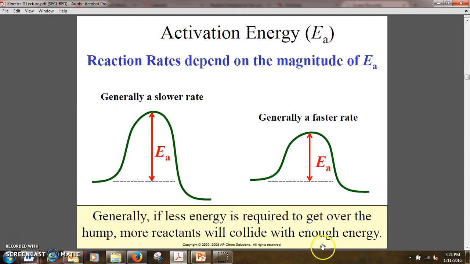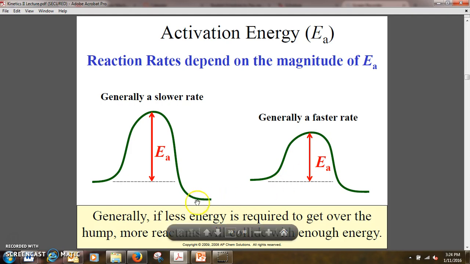The more activation energy that you're going to need, generally these are going to occur at a slower rate. If you think of these as hills, climbing up a bigger hill and coming down the other side, you're generally going to walk slower up because you have more distance to go and more energy to use. Now, with a smaller hill, the reactions will generally happen at a faster rate.